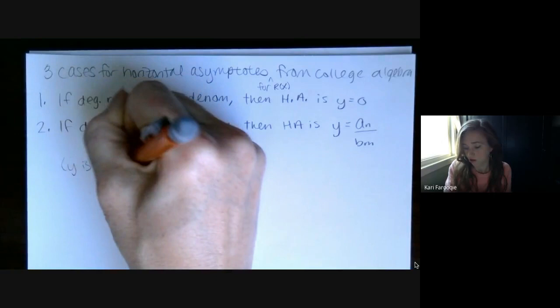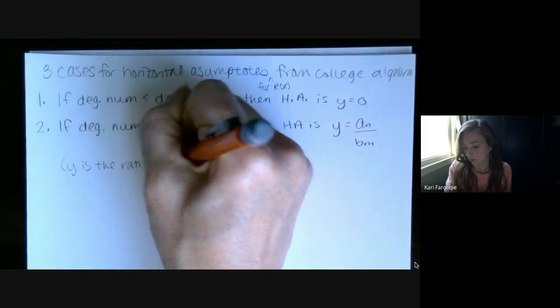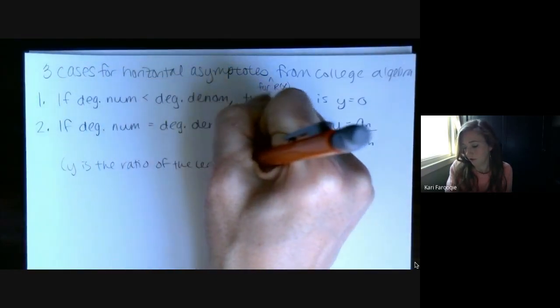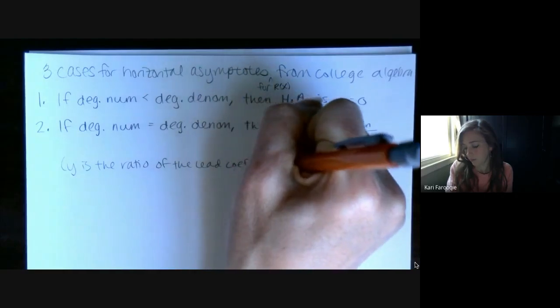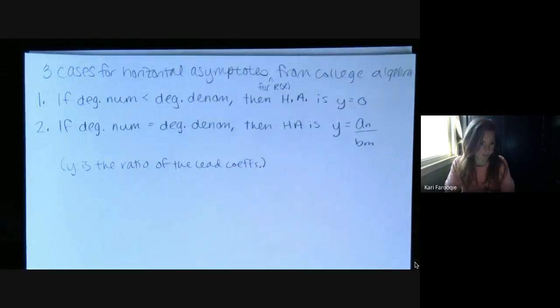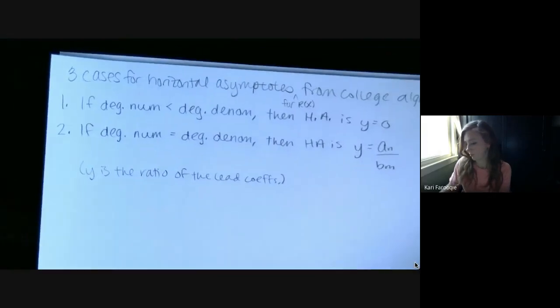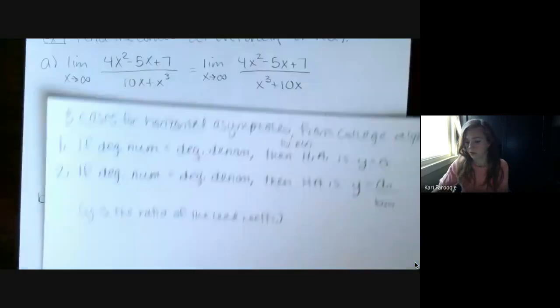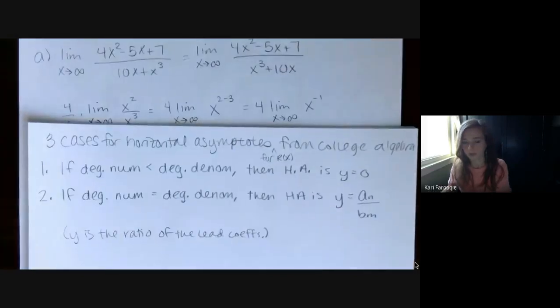Y is the ratio of the lead coefficients. And that is what we saw for B.